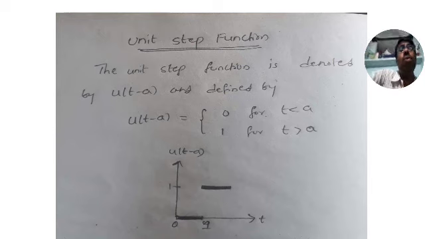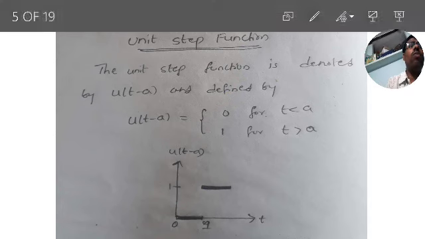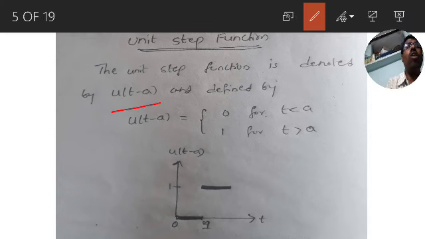So what is the unit step function? How is it defined? What is the notation for the unit step function? It is denoted by u, u meaning the first letter of unit: u of t minus a.